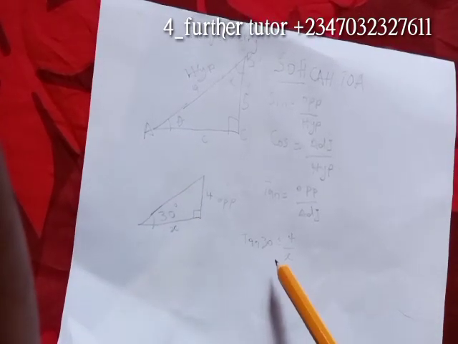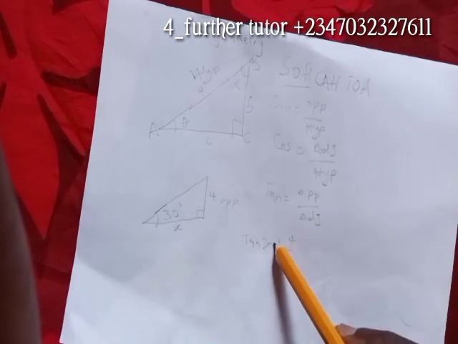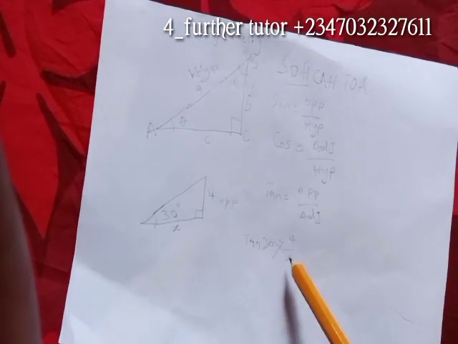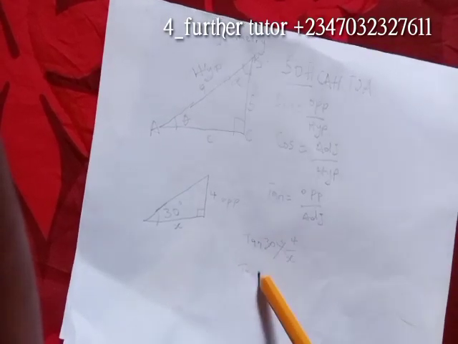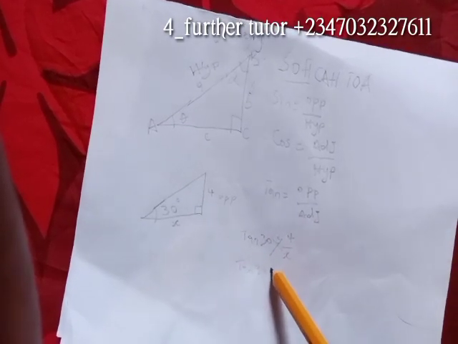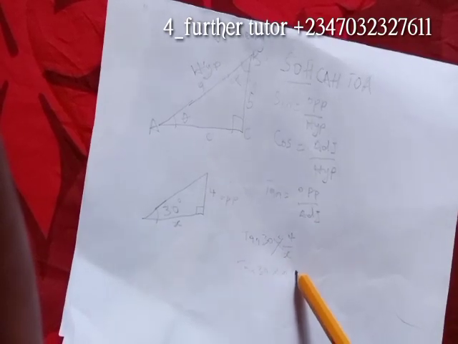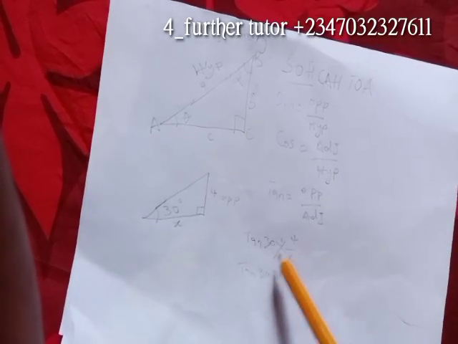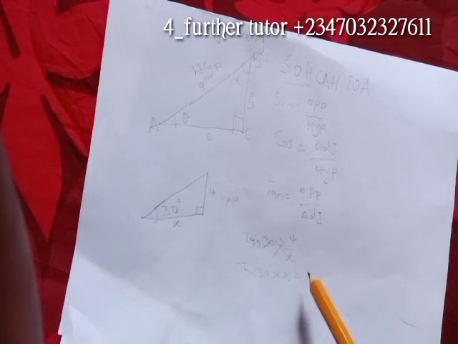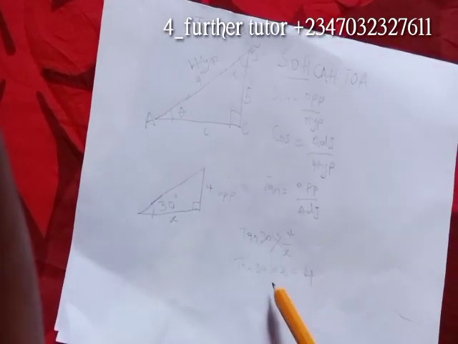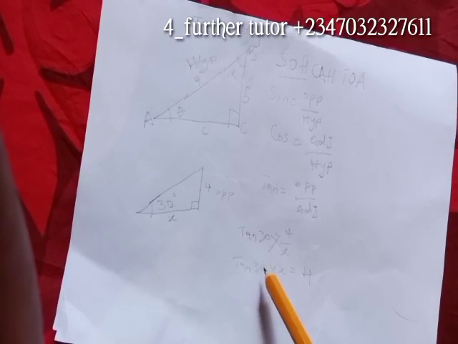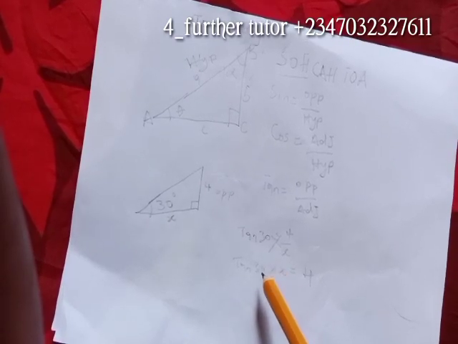Then I'll cross multiply. So tan 30 times x is equal to 4 times the invisible one here, which becomes 4. But I'm not looking for tan 30 x, I'm looking for just x. So what will I do?